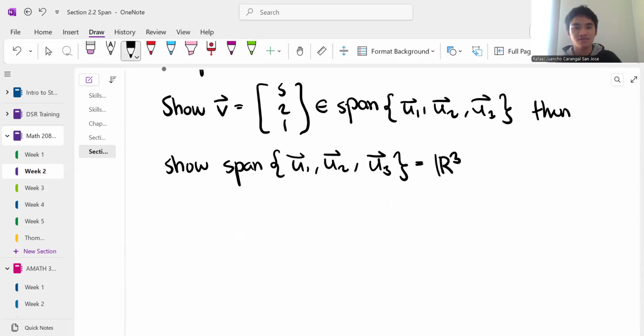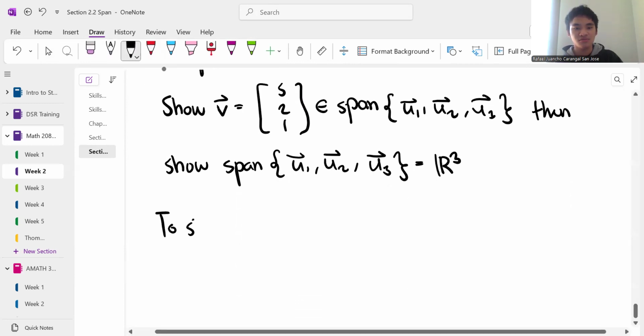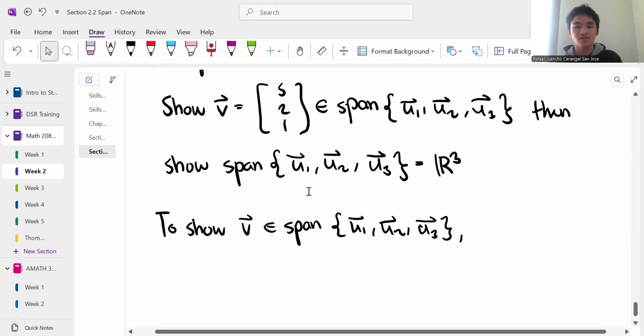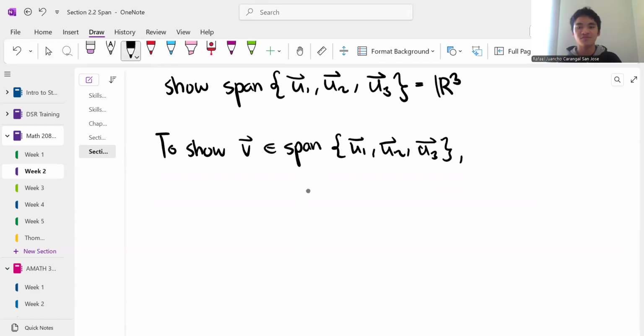So again, to show that a vector is part of a span, we have to check if we can write a linear combination of these three, which would give us the resulting vector v. So we have to say x sub 1 times u sub 1 plus x sub 2 u sub 2 plus x sub 3 u sub 3.